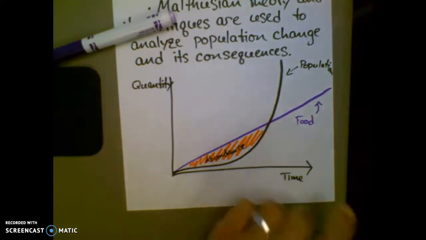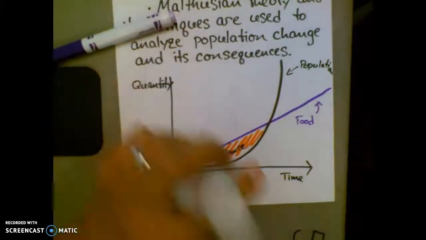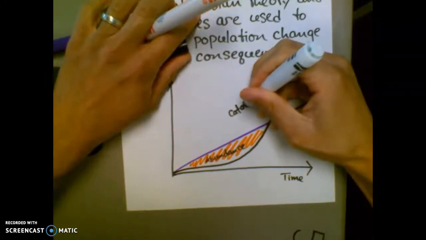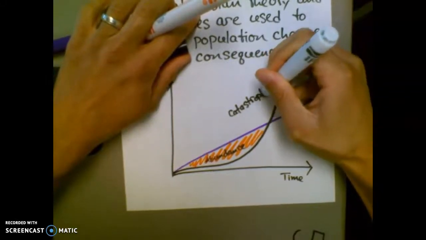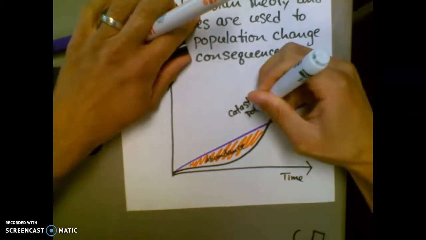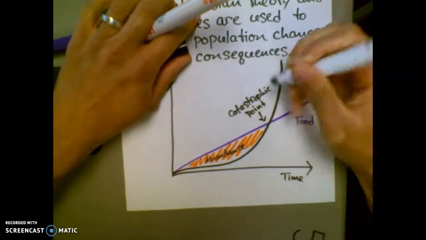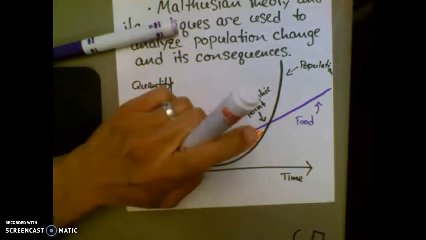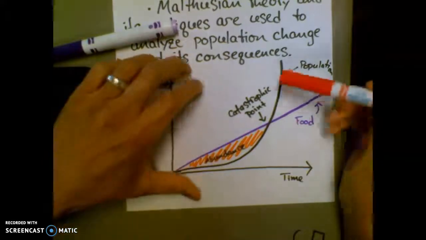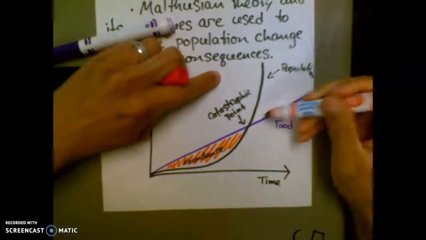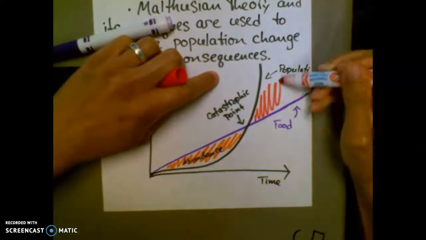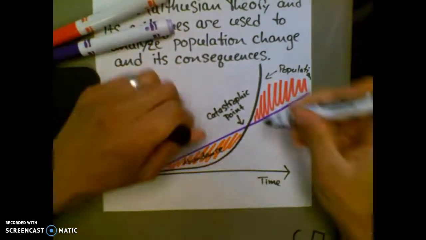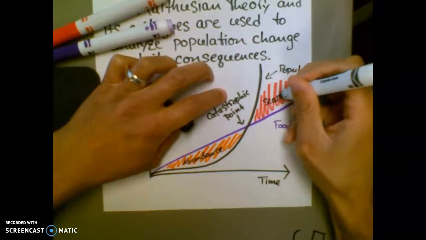Once we cross this point, though, you can see right here, which I'm going to label the catastrophic point, then suddenly the supply of food is less than what we need to feed the population. And so once we've crossed that, you could shade this area in, and we could call this area scarcity, right? Now there's suddenly not enough food for everyone.